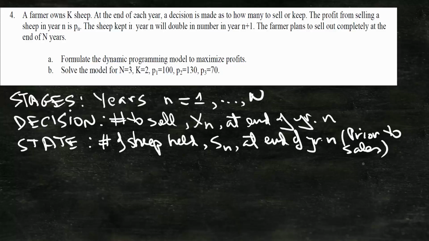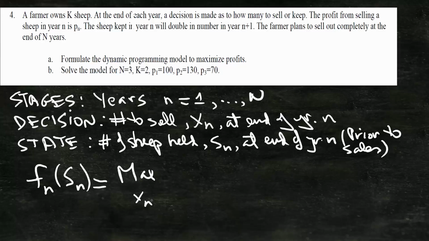Okay, now that we have this, I think we can go straight for the Bellman equation. We know that it will be of the format Fn(Sn). I have this many sheep, I'll hold this many sheep in year n, and what calculation do I need to make? Well, I'm going to maximize because I'm maximizing profit, and I'm going to maximize over the number that I can sell.